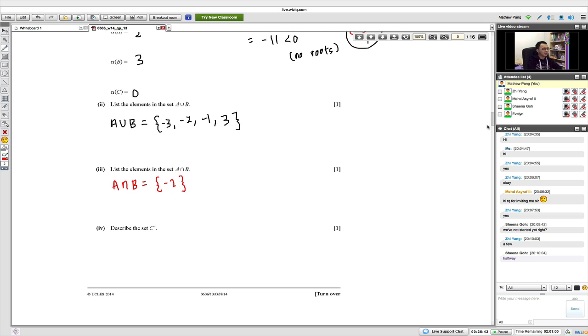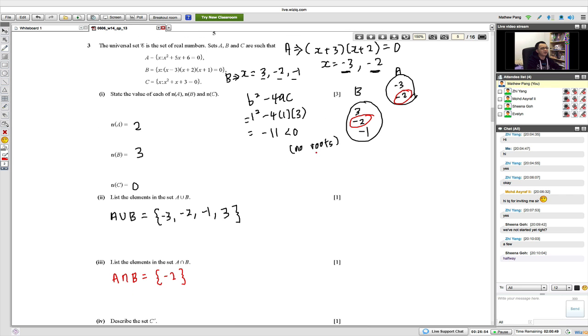Okay, and then the question asks you to find C complement. In order to find the C complement, I know C means there's no value for x, meaning there's no real value for x. That means C complement means any answer.